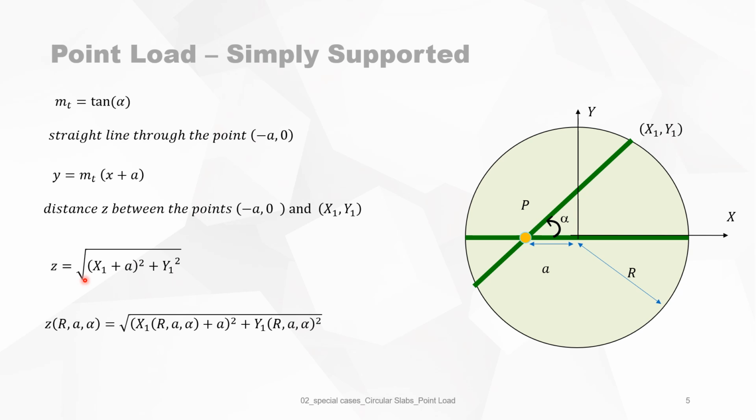We see that z is a function of r, a function of a, the distance where the point load is, and a function of alpha, the angle. So now we can calculate all the distances with this formula. But first we need x1 as a function of r, a, and alpha, and y1 as a function of r, a, alpha.